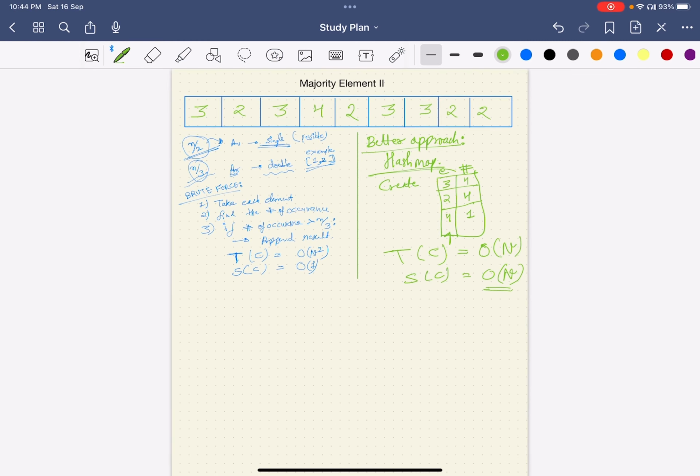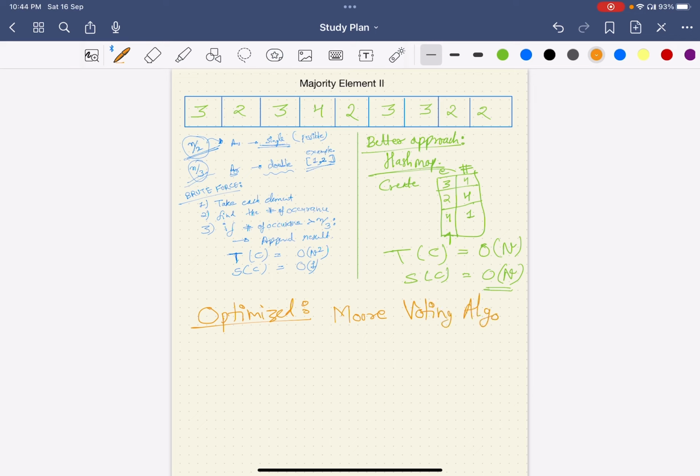Now let's talk about the optimal way to solve this, the most optimized way. For this we use one algorithm whose name is very famous, Moore voting algorithm.